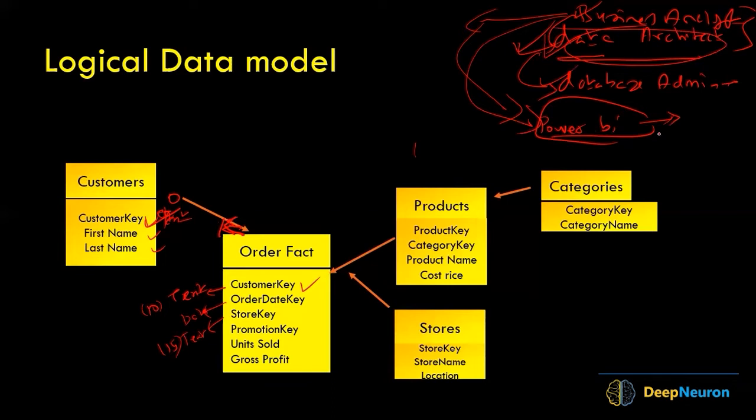So everything is fine, but you are still confused, why do I need a data model? First of all, if you have a data model, you are not going to miss any of the pieces.